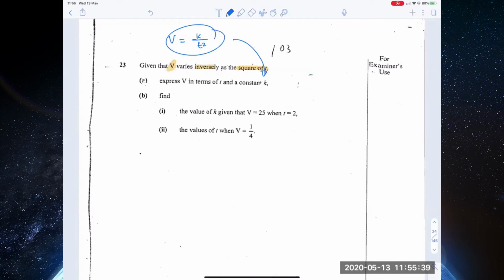What was it going to be? V is equal to kt squared. Well done. So this would have been for direct, but the correct answer is this one. Then it says find the value of k, given that V is equal to 25 when t is equal to 2.